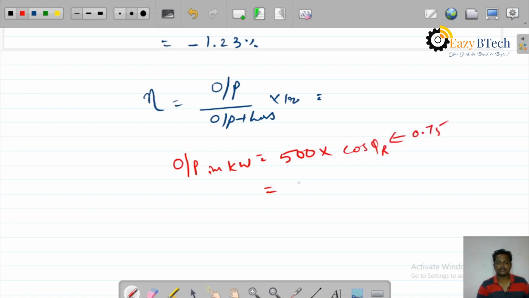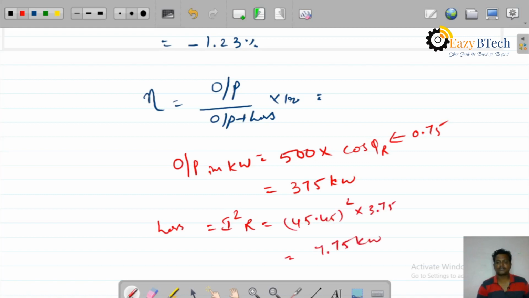Multiplying with 500, you get 375 kilowatt. Losses for single phase is I square into R, where I is 45.45, squared, into 3.75. You get losses of 7.75 kilowatt.